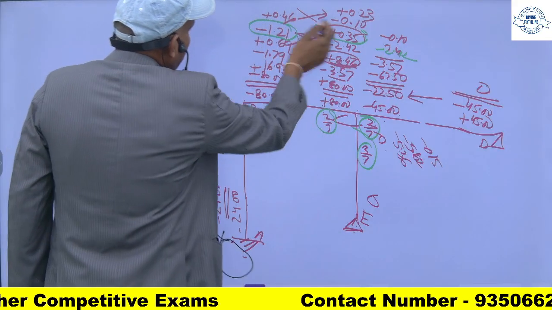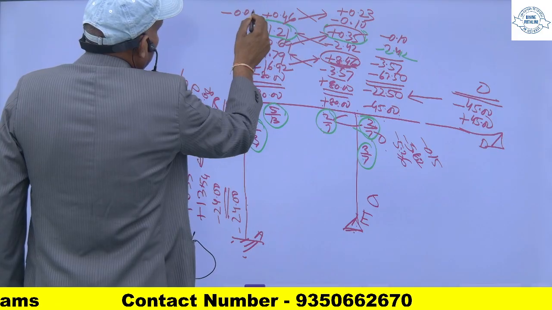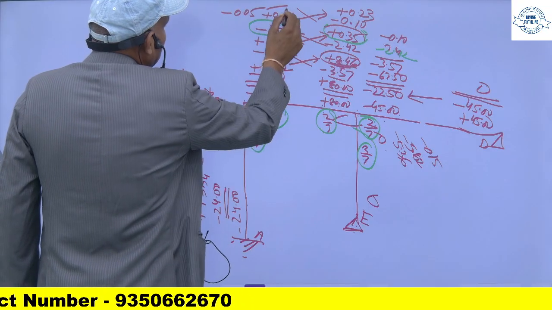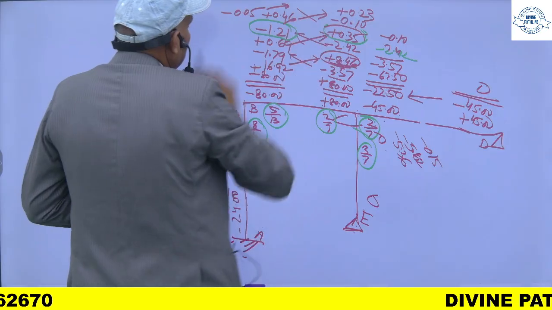So half of this will come here, it will be minus 0.05, it will come here, and half of this will come here.